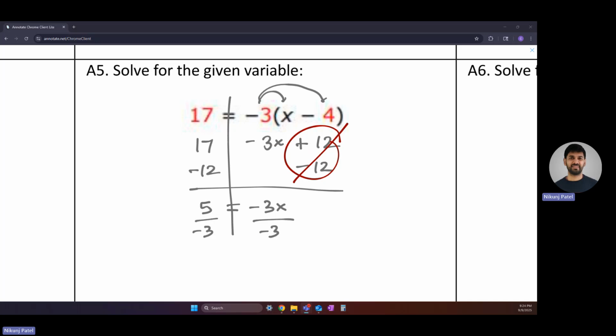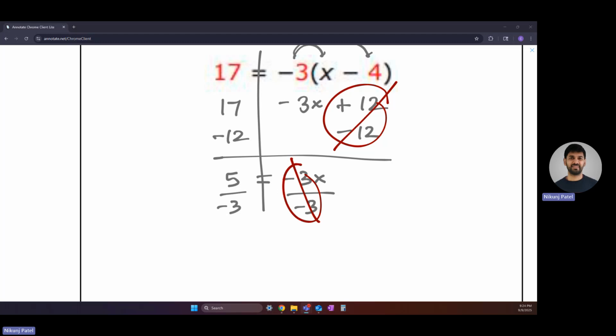We see inverses there, cancel. And we're left with a fraction with a negative there and a positive up there. So you can just take these new numbers in your calculator and divide them, 5 divided by -3. Or that can be turned into a fraction again as -5/3. That negative just kind of pops out, and it takes the whole fraction and makes it a negative. Okay, there you go.